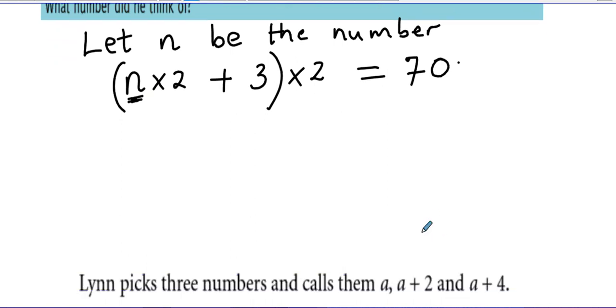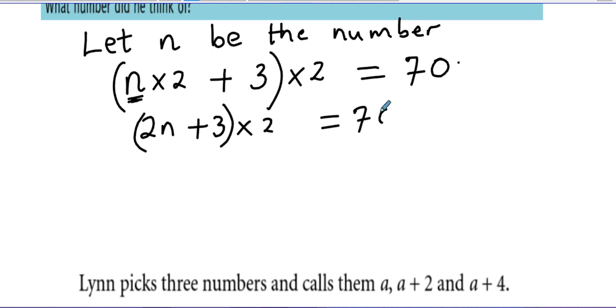So here you do n times 2 is 2n plus 3, then times 2 equals 70. So I'm finding the value of n. So this 2 multiplies here. The same 2 multiplies here. So this will be 2 times 2n is 4n. 2 times 3 is 6.